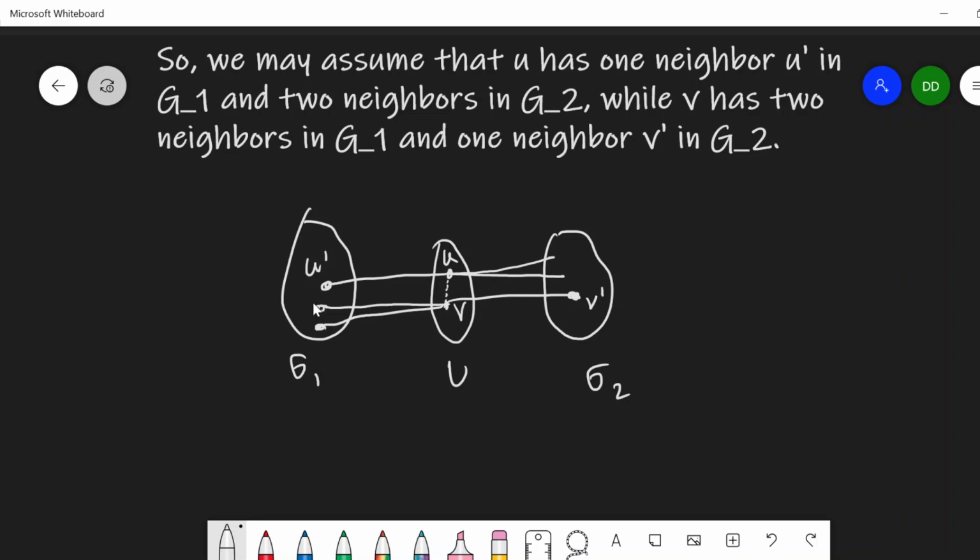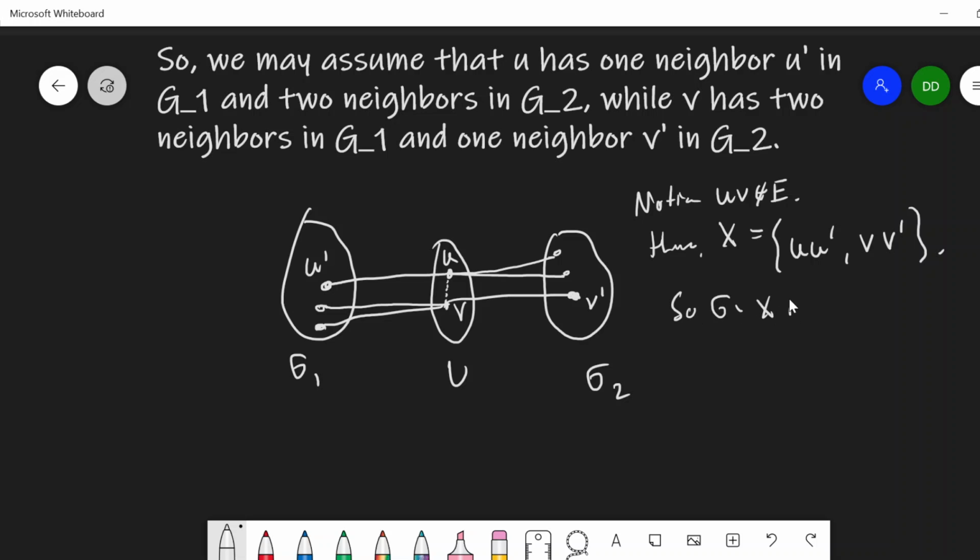Now, since we have this situation where UV is not an edge, in order for us to be in the situation, hence X equal to, again, we'll remove U prime, V prime, those two edges. And since UV is not an edge, G minus X is disconnected.